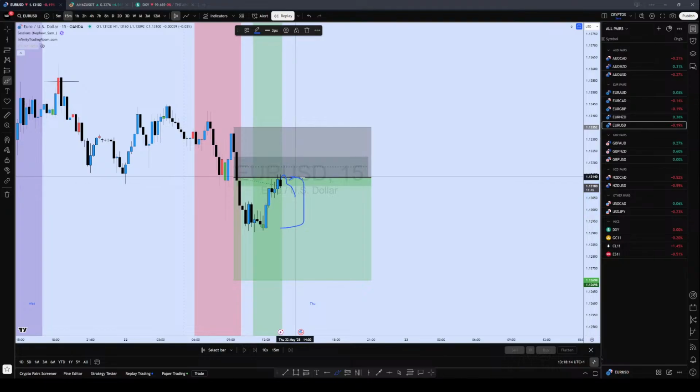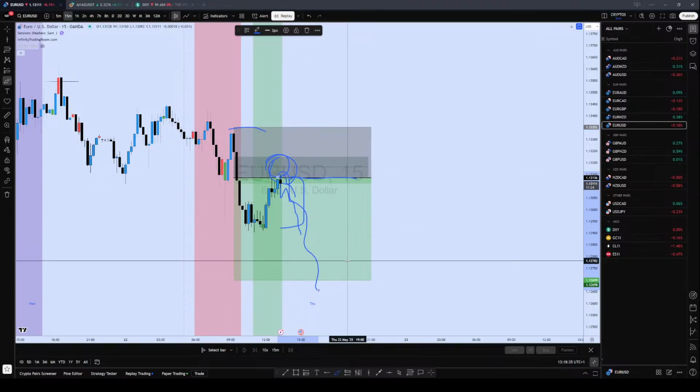So between the 2 and 5, wait for a fair value gap. If we've moved away from this level, wait for a fair value gap to form, then sell that. If not, maybe we'll still be here by 2. Then you sell it, put your stop loss there, and then let price do its thing.